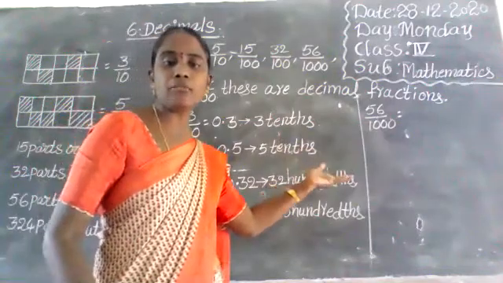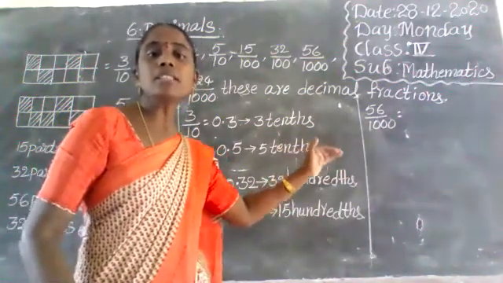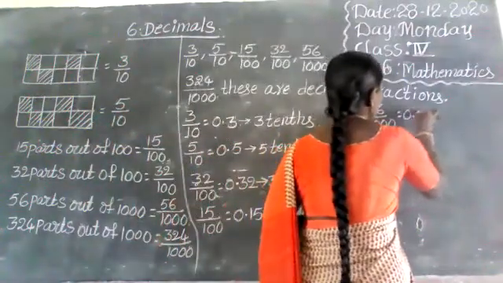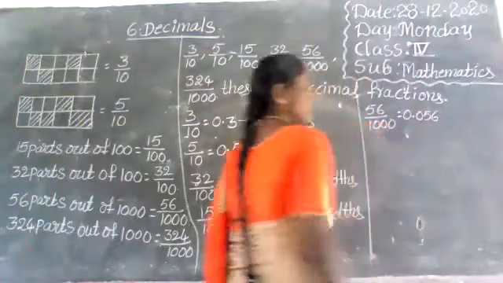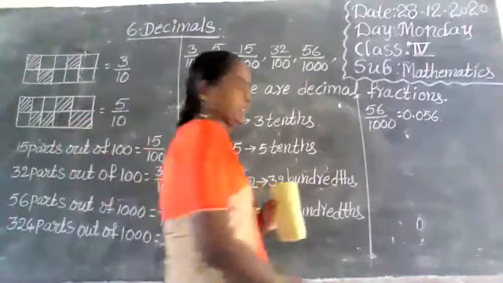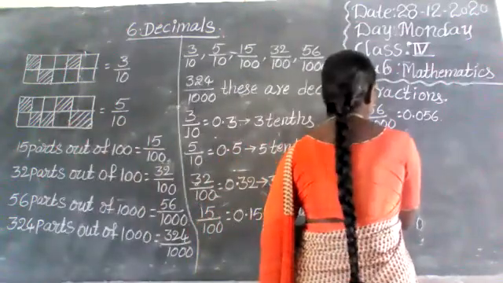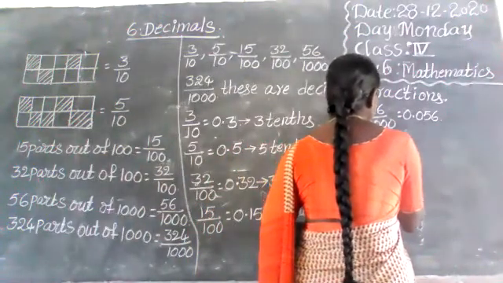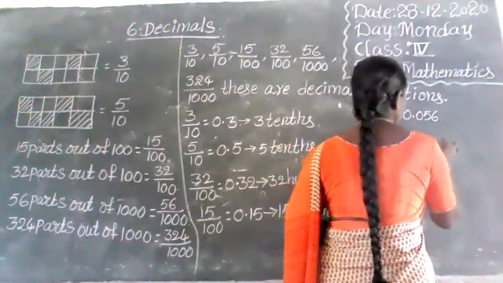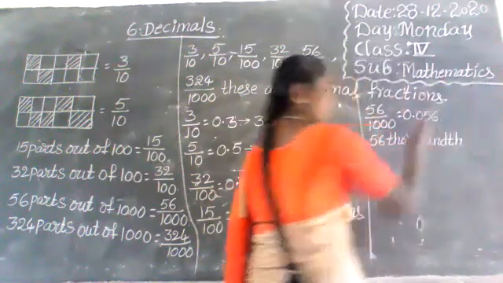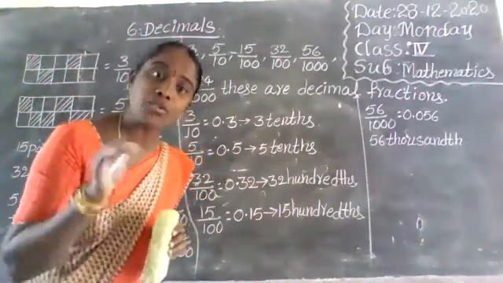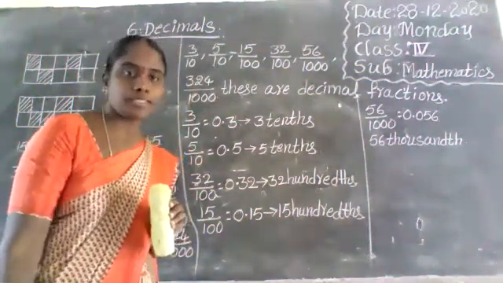How to write it in decimal form? 0.056. 0 decimal point 056. Writing in words, 56 thousandths.